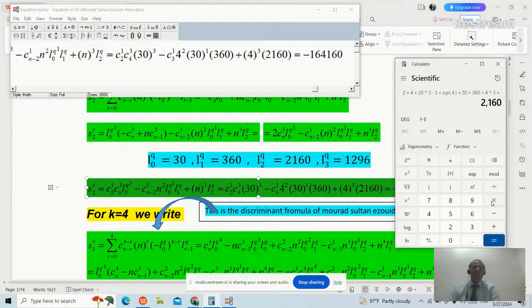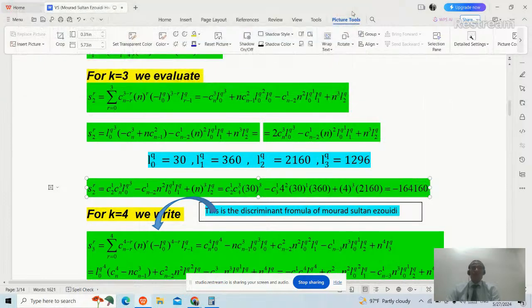This one should be equal to negative 164,160. So therefore, I will close this, and the value of S2 now is equal to negative 164,160.